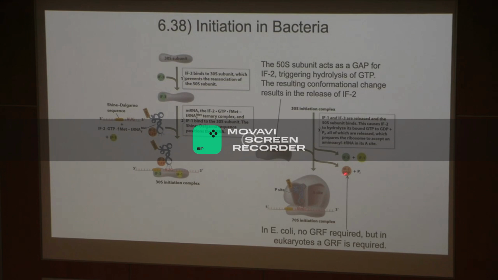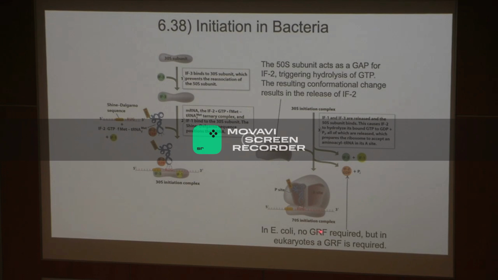In order to recycle the IF2, it needs to release the GDP so that it can bind another GTP and then associate with another molecule of initiator tRNA. In E. coli, that GDP release occurs just spontaneously. It's a little bit slow, but it occurs more or less spontaneously.